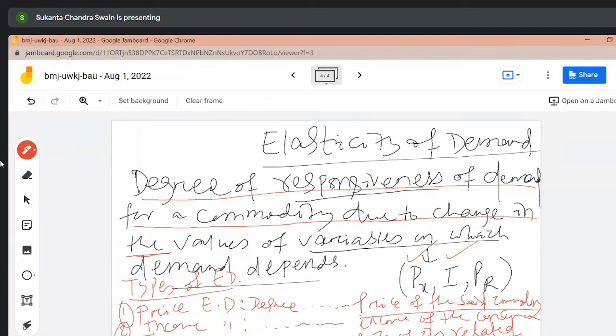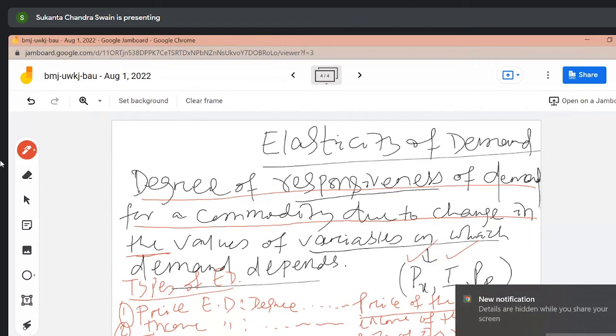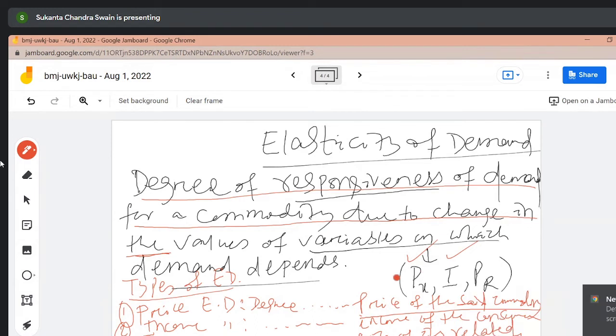Income elastic demand is due to change in the income of the consumers. And cross is due to change in the price of its related commodity, like tea and coffee, fountain pen and ink. Is it clear, these three types of elastic demand?